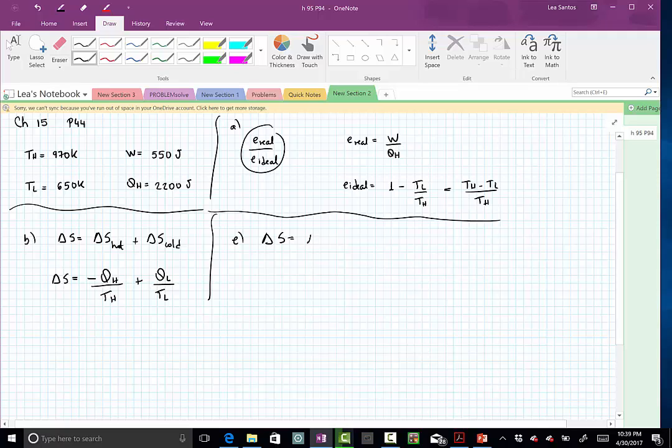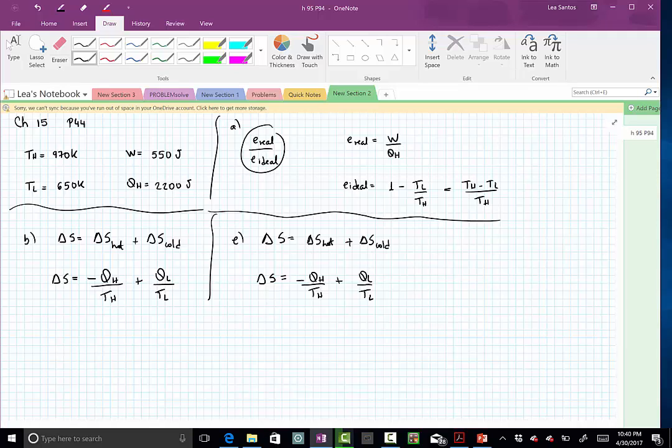So the delta S for the hot, the delta S for the input, plus the delta S for the cold, the delta S for the output. Again, the same equation. The hot will lose heat and the cold will receive heat. The question now is, what are we going to put for the hot and what are we going to put for the cold?